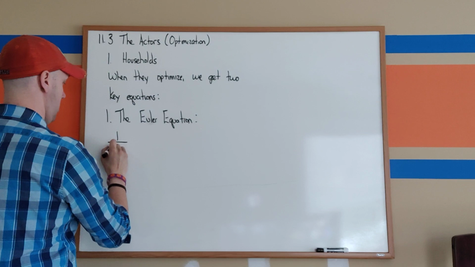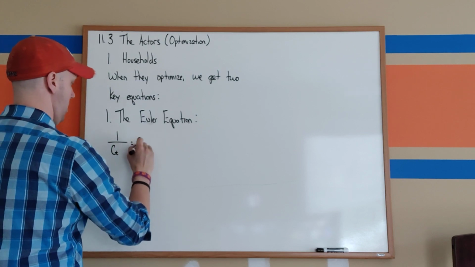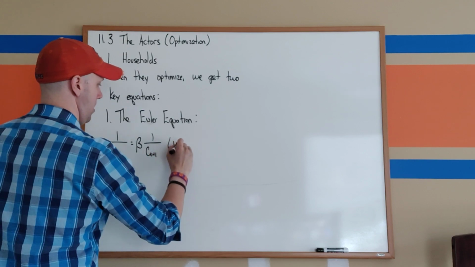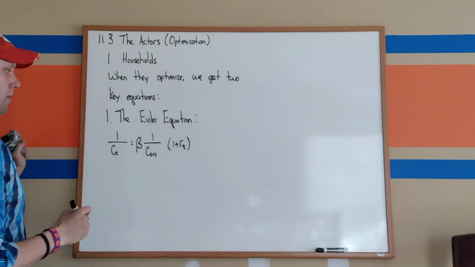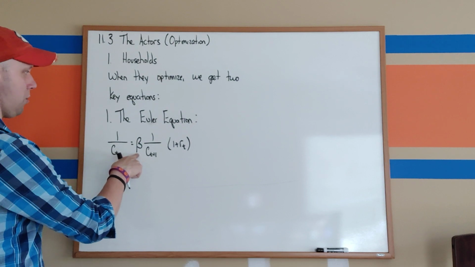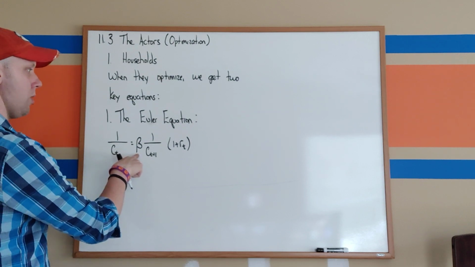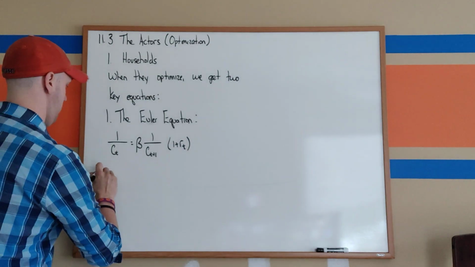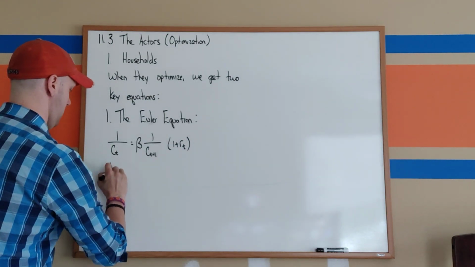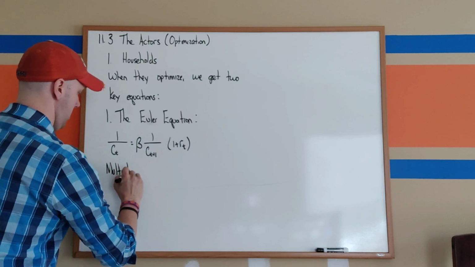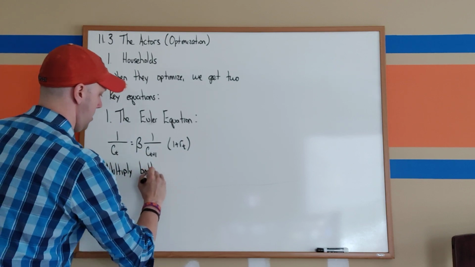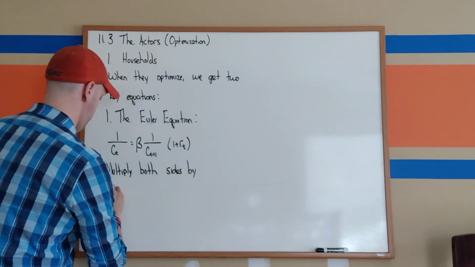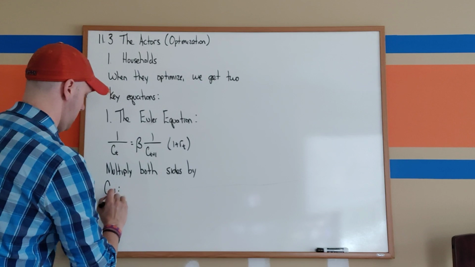Well, if we get this equation, first off, remember beta is equal to 1 over 1 plus rho, where rho is how patient you are. So first we're going to multiply both sides by C_t+1.